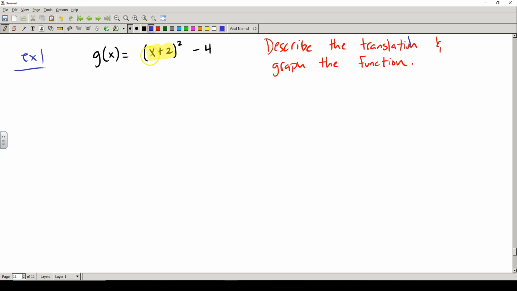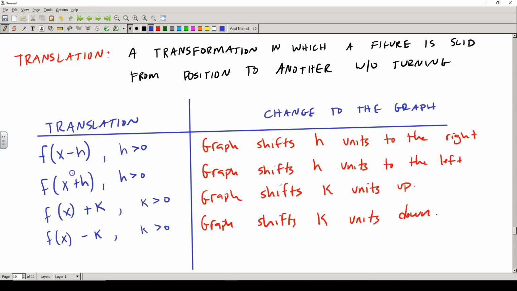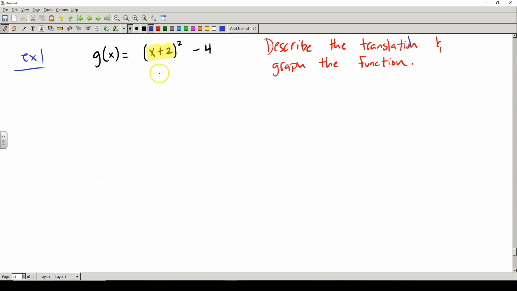If we go back to those translations, this is an example of adding something to x inside of the squared term, and so this means we're going to have a shift that is 2 units to the left, because it's x plus 2.